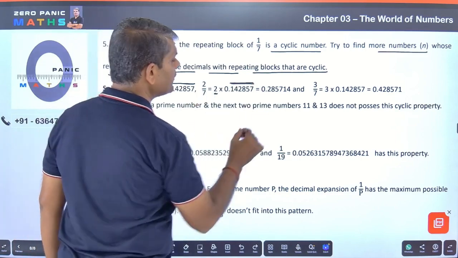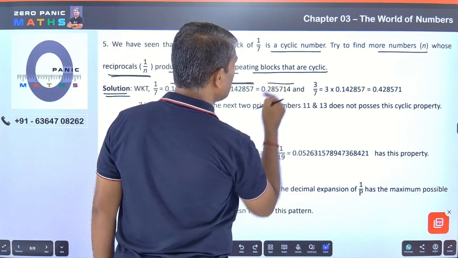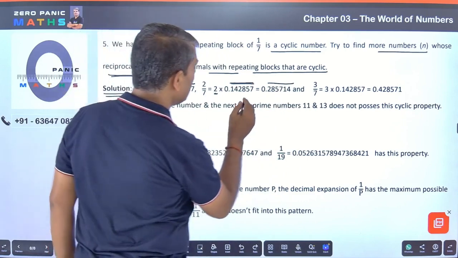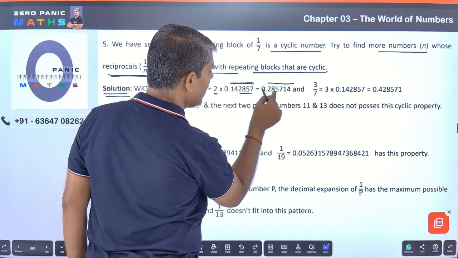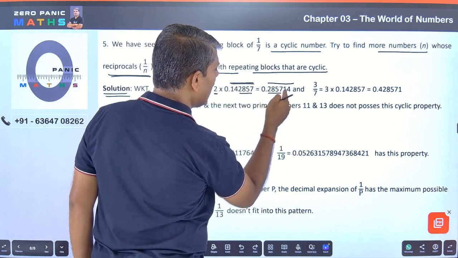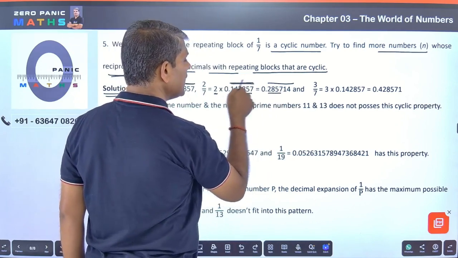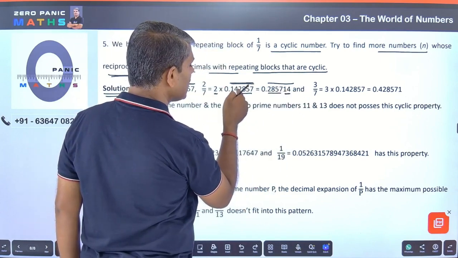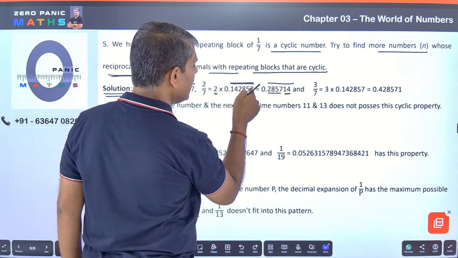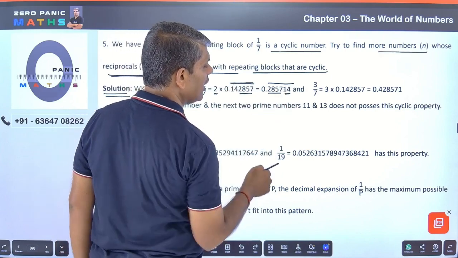And what is the value of that? It is 0.285714. If you observe clearly, it is 2857 in the beginning, and after that it continues with 14 as a cyclic method. See, the 14 comes from the beginning, or you can say it started with 2857 and goes in the cyclic process to get 14 as the second values.